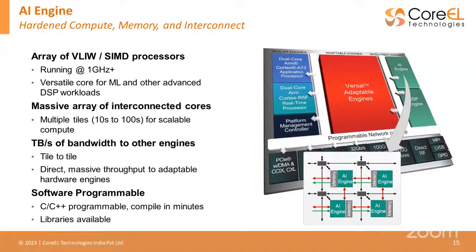So you have a dedicated memory for every single tile of the AI engine, so that your processing is much faster compared to any other regular processors. That is how you get the maximum efficiency for AI and DSP deployments.